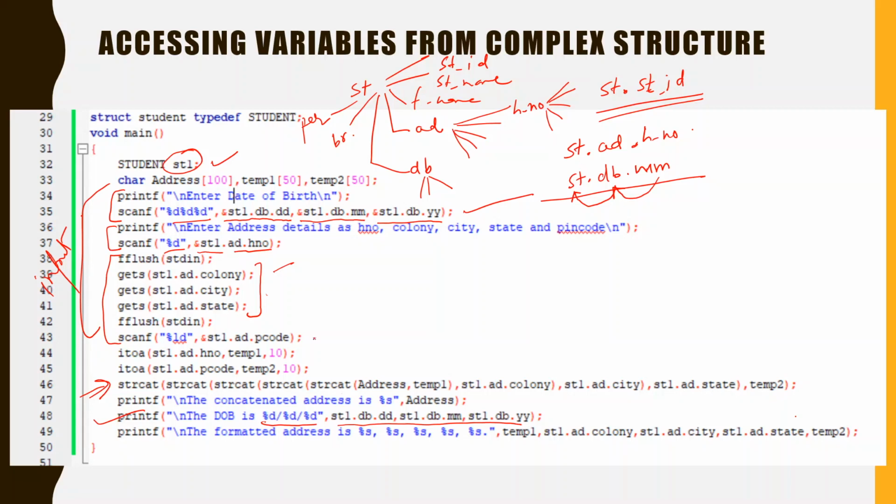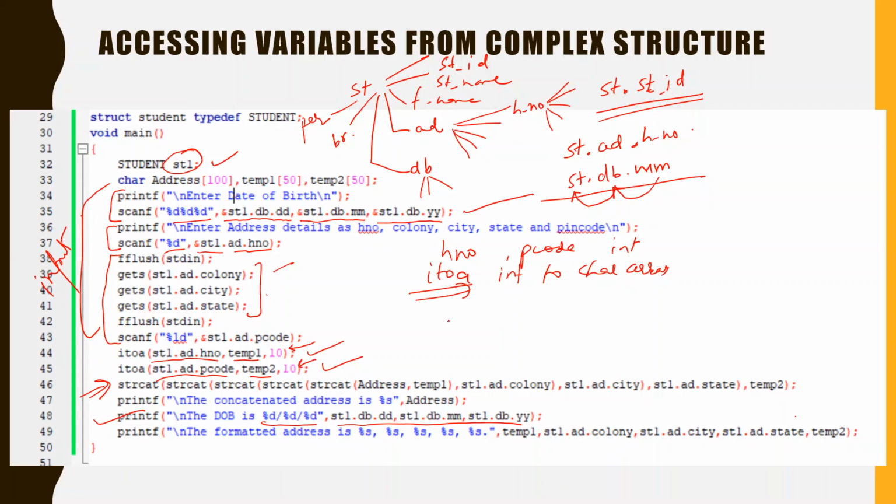Okay, but we know that this house number and pin code are in the form of integer. So we have used this itoa function. The itoa function converts the integers to character arrays. Okay, and we have used this syntax for itoa to convert this house number and pin code to the strings temp1 and temp2, and we have considered them in the decimal format.